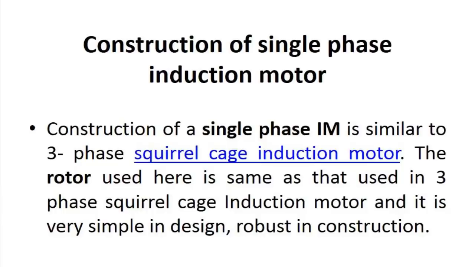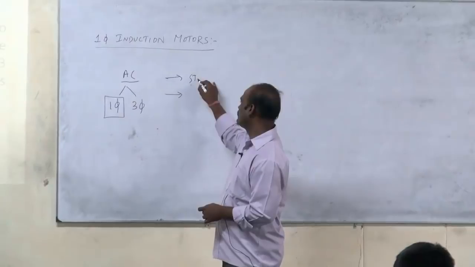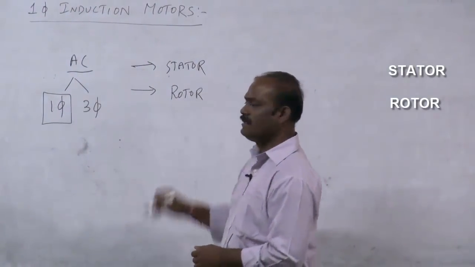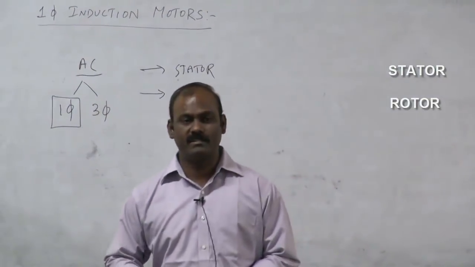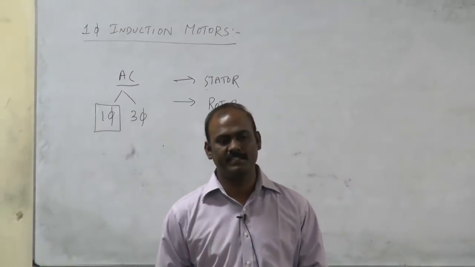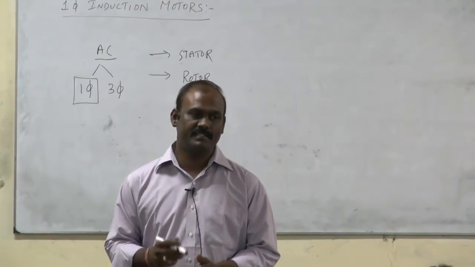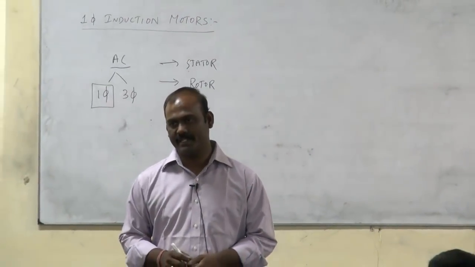So coming to the construction, as we all know, a rotating machine has two main parts. What are the two main parts? Stator and rotor. The stator consists of a static winding, the rotor consists of a rotating winding, right? In the three phase induction motor, just for a glance, we can recall that if you apply three phase supply to the three phase stator winding, a rotating magnetic field will be created.